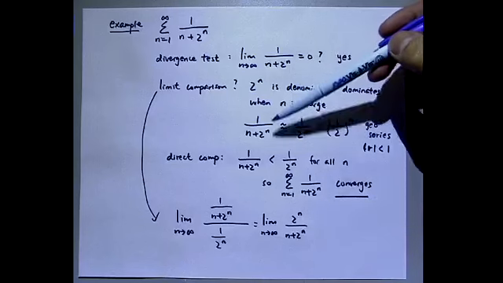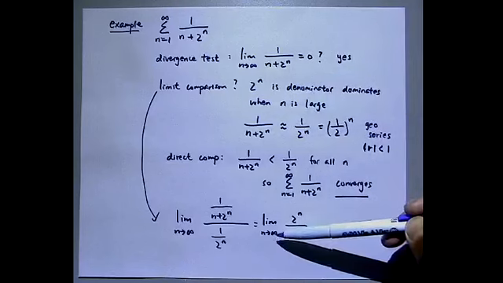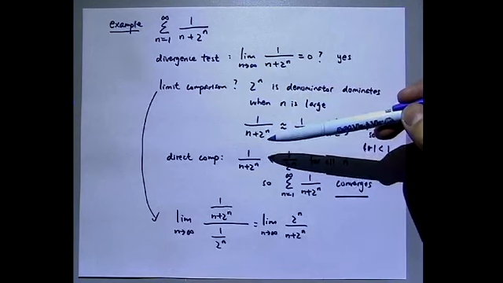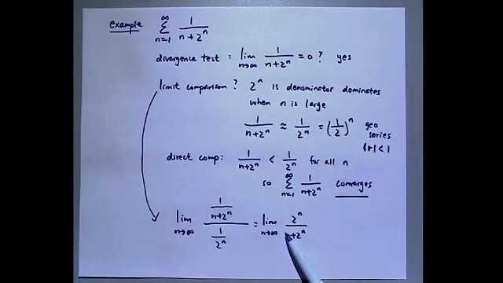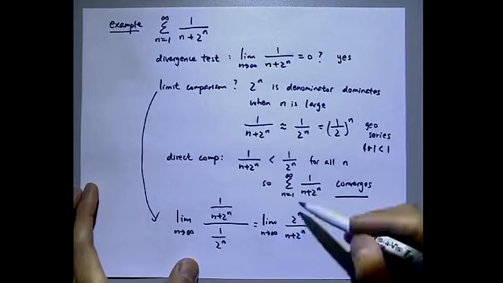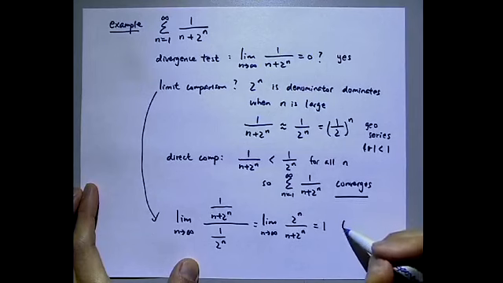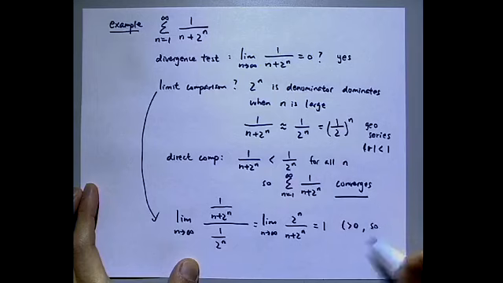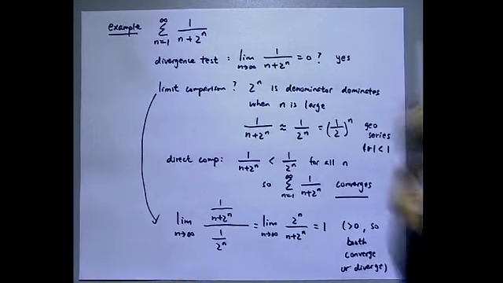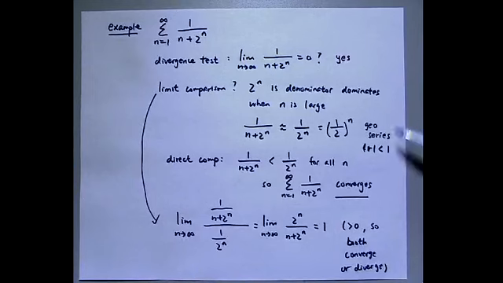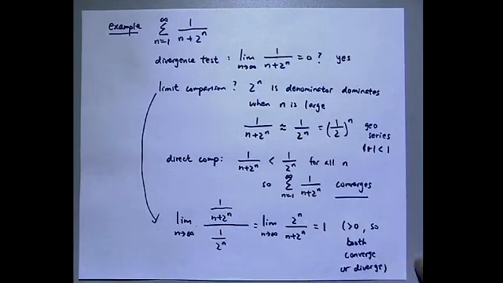And once again, we notice that when n goes to infinity, that 2 to the n is going to dominate. So that n down here is irrelevant after a while. So this eventually goes to 1, right? And then what that says is that both of these series will converge, or both of them will diverge. We know this is going to converge, so the conclusion is then both will converge.